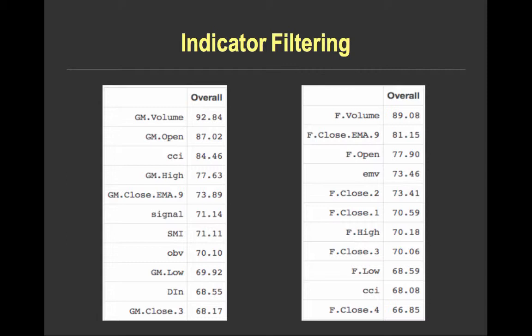You go on down, about two-thirds of the way down on the GM list is on balance volume. It's a very popular indicator that kind of combines price and volume. But you'll notice on balance volume is missing from the right side list. It's not even included in the top 11 things that are most impactful for trading Ford.